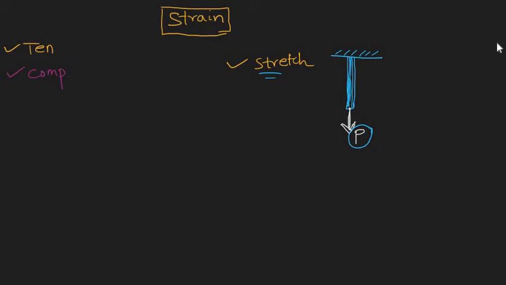Simply it will go back to its initial position, correct? So initially, let's say after application of this load, the shape becomes like this after stretch, and once you remove the load, it goes back to its initial position.